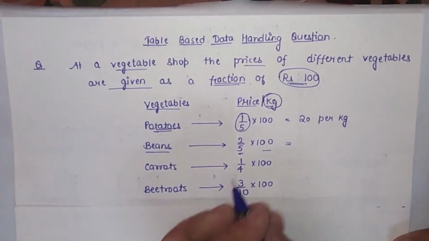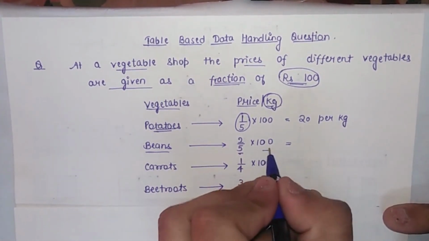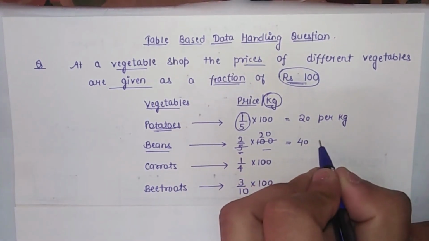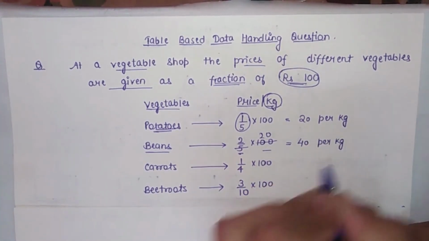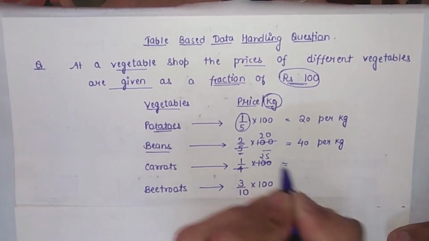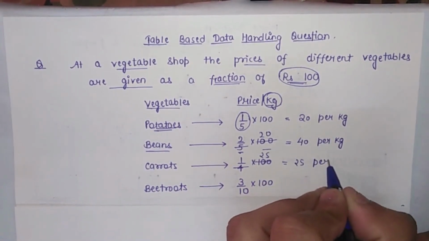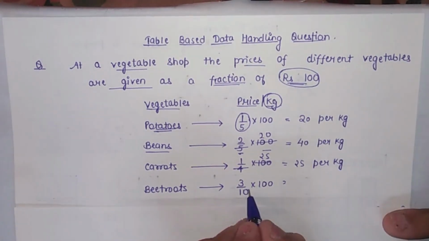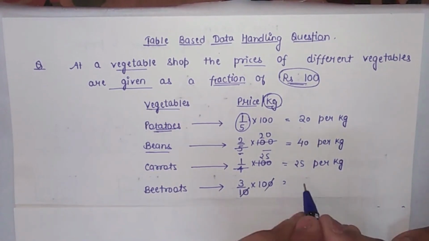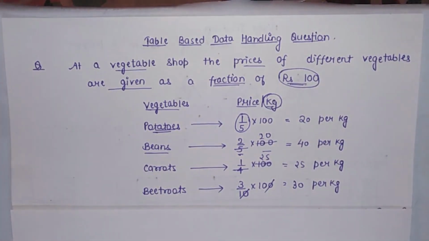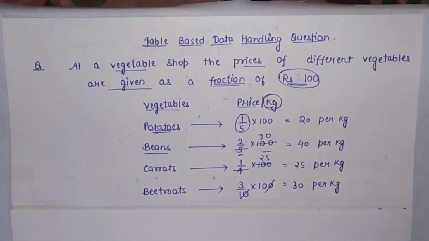Beans are 2 by 5 of rupees 100, which will be 40 rupees per kg. Carrots are 1 by 4 of rupees 100, which is 25 rupees per kg. And beetroots are 3 by 10 of rupees 100, so this will be 30 rupees per kg. So these are the prices now in rupees per kg.